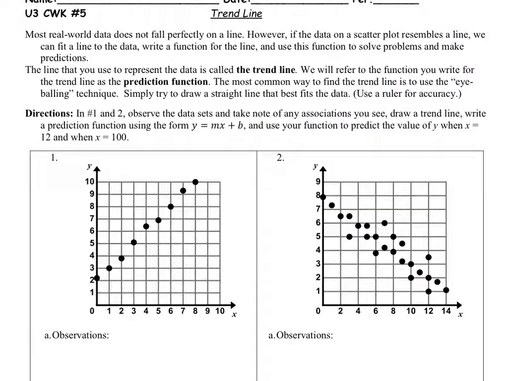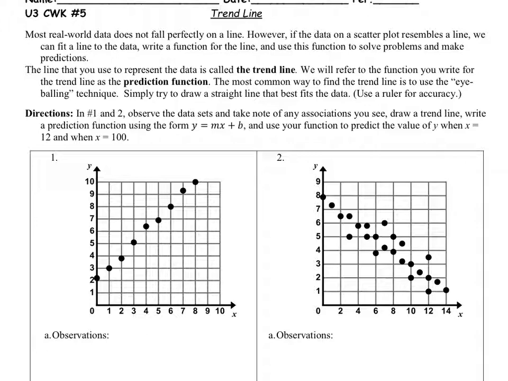All right, here I go. Most real-world data does not fall perfectly on the line, which is actually kind of good. However, if the data on a scatterplot resembles a line, we can fit a line to the data, write a function for a line, and use this function to solve problems and make predictions. The line that you use to represent the data is called the trend line.